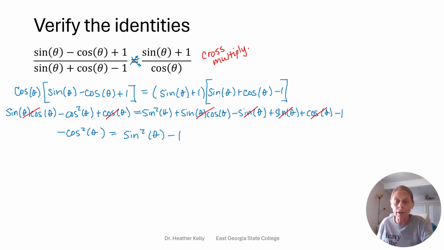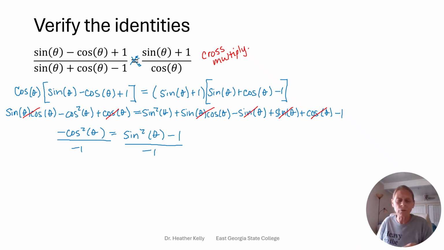Now, you might recognize this as being true from the start. You might be able to see that this is equivalent to cosine squared theta equals 1 minus sine squared theta, but you might not see that. So I'm just going to go ahead and divide out a negative. Or you could move the cosine over and the 1 over.